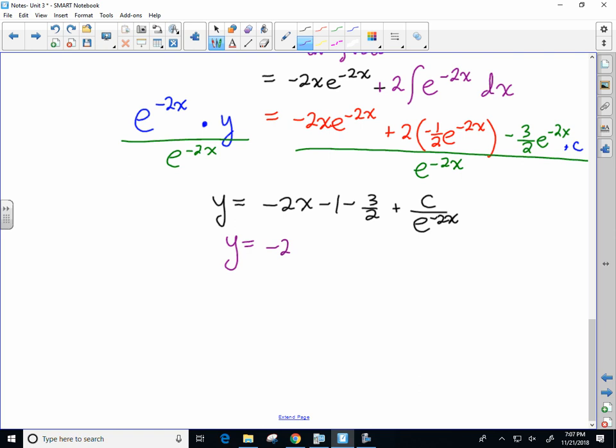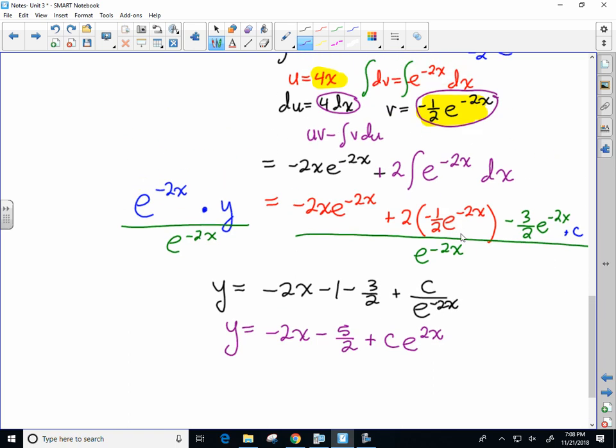Which would be negative 2x minus 5 halves plus c e to the 2x. I'm just bringing it up and negating the exponent to make it a little nicer. So that's the general solution to the differential equation, barring any minor calculation errors.